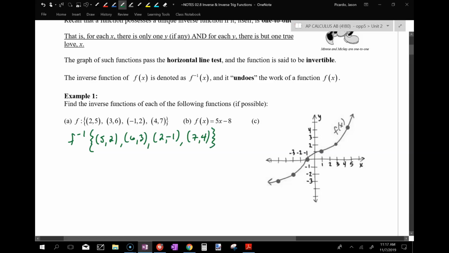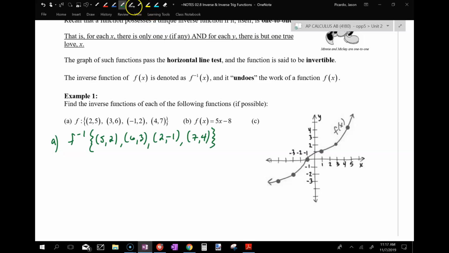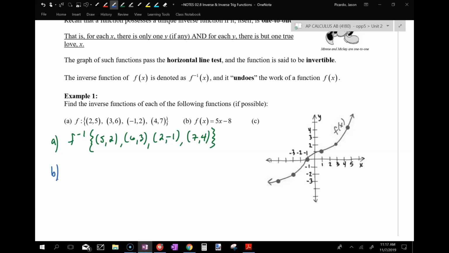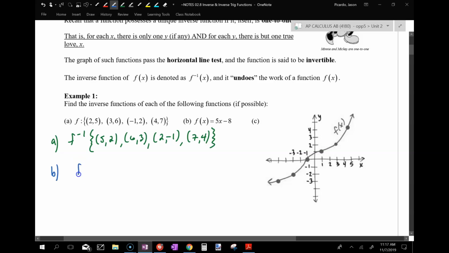All right, how about example B? That was example A. How do I take f of x equals 5x minus 8 and find the inverse? Switch x and y, absolutely.